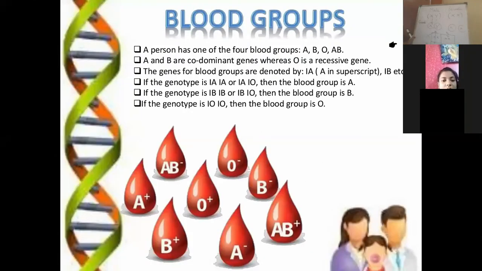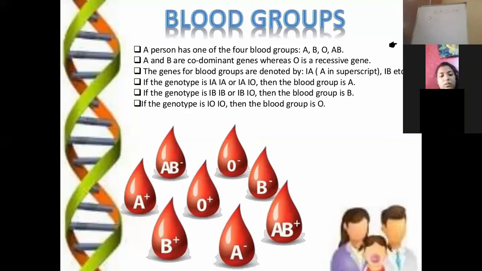You know, there are 4 blood groups. A person can have any of the 4 blood groups depending upon the genetic information present in the gamete, which helps in the formation of that particular organism. Here let me tell you, O is the recessive one.